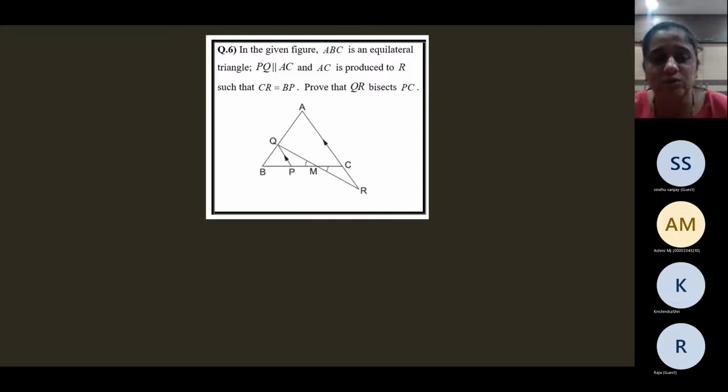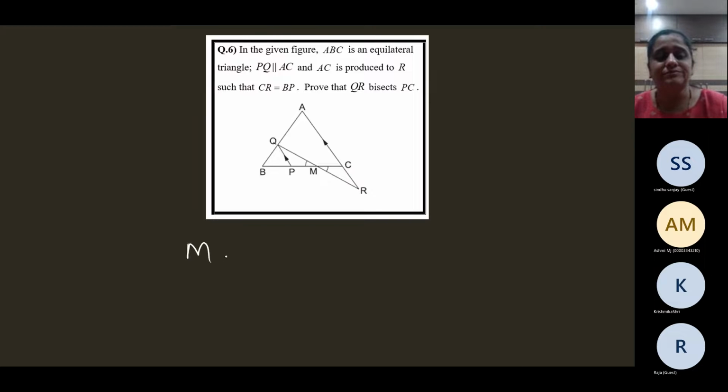QR, where is QR? This is QR. Prove that QR bisects PC. This is PC. You must prove that QR bisects PC. That means what, children? What should you prove? I'll give you two options.